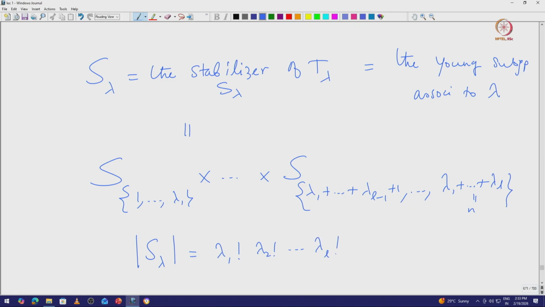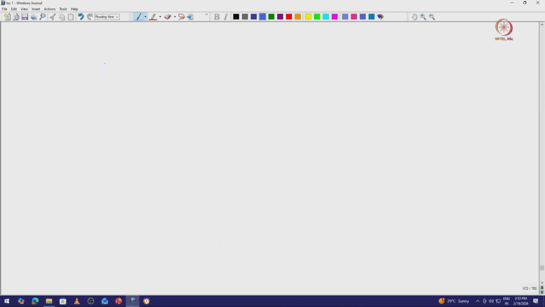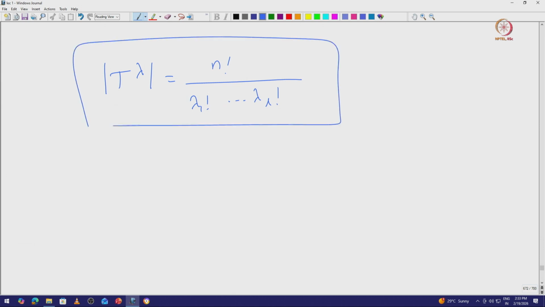So, that means the cardinality of this T lambda is given by n factorial divided by lambda 1 factorial etcetera lambda L factorial. So, this is exactly the dimension of our M lambda. So, this is finite dimensional and we have a very explicit formula for the dimension. But now, since any finite dimensional representation can be written as a direct sum of irreducible representations, one should be able to actually write this M lambda as a direct sum of irreducibles.